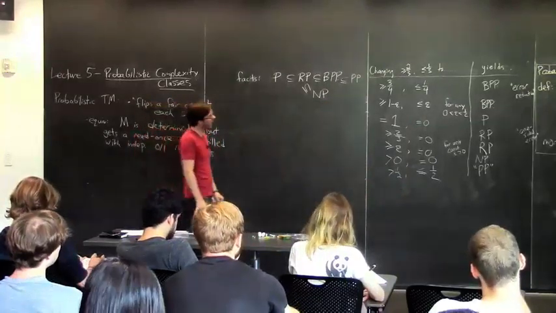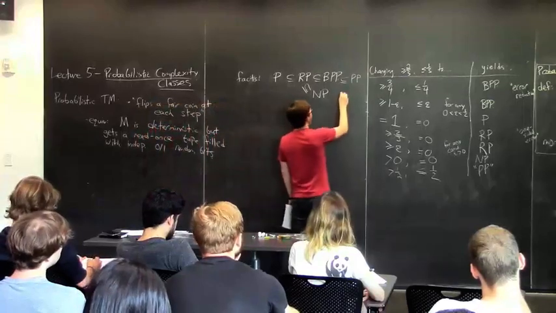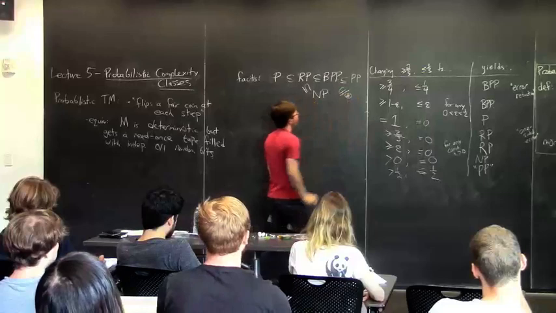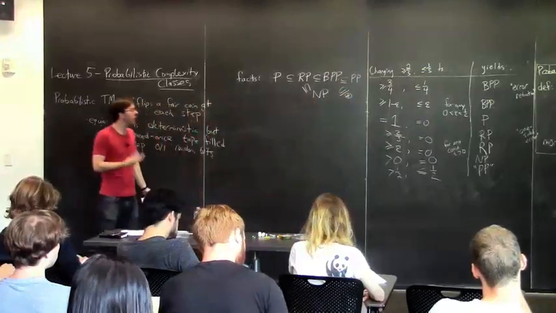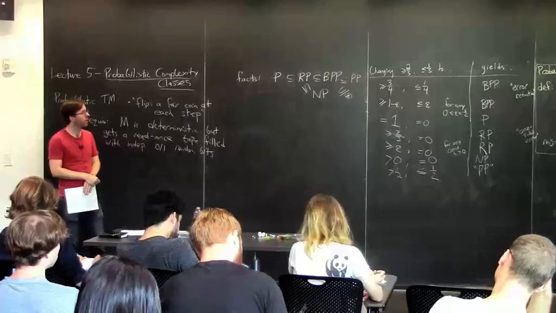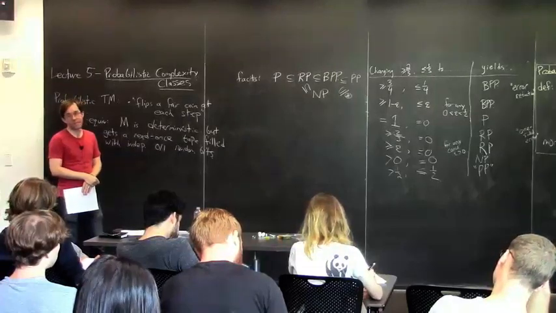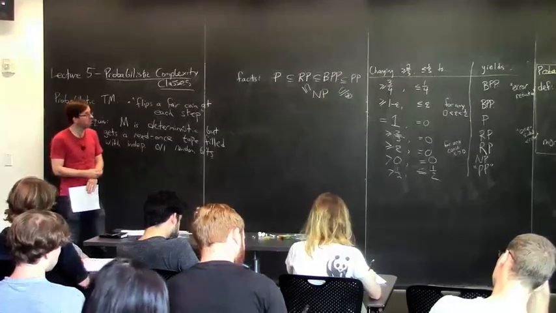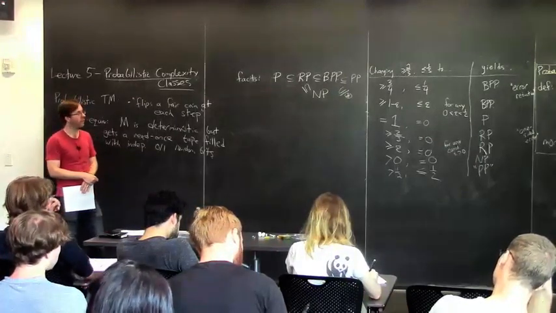And it's also the case, and I'll prove it to you in one line, that NP is a subset of PP. So PP is a not too big complexity class that contains BPP and NP. It's an upper bound on these two, as far as we know, incomparable classes.